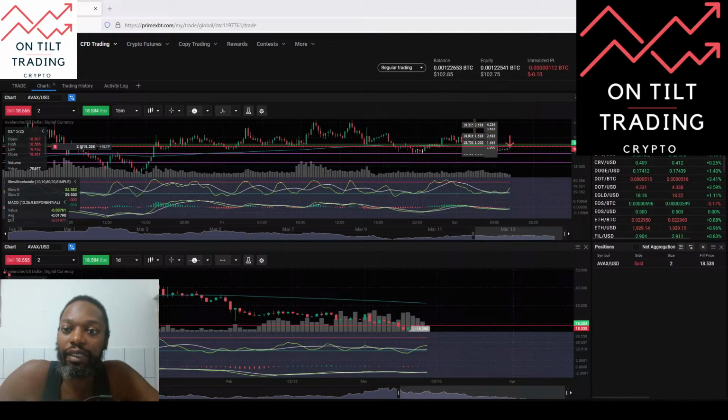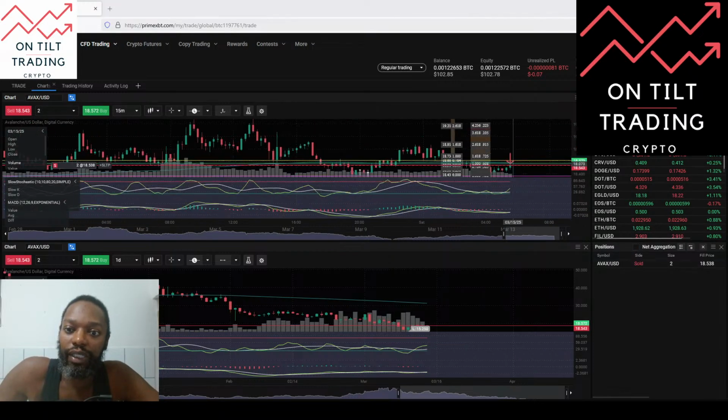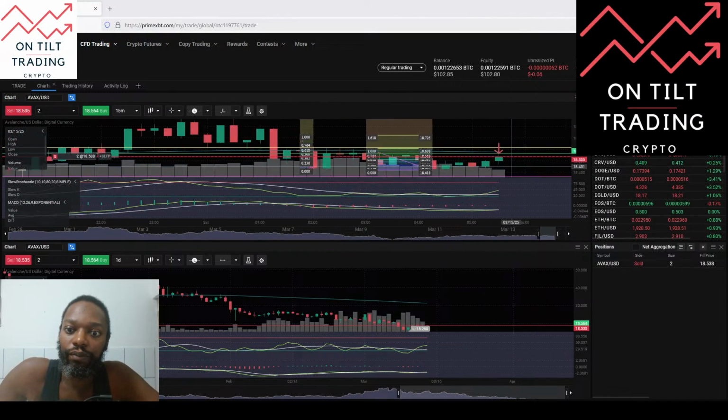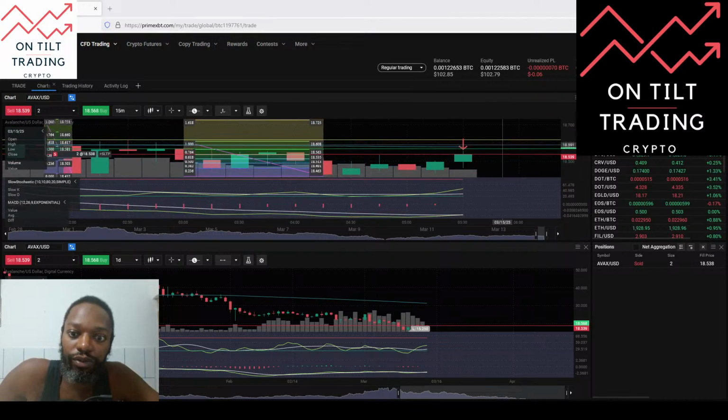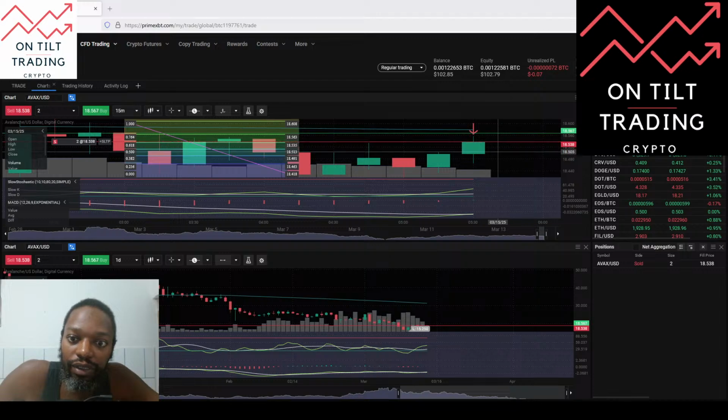I can be completely wrong on this. This can go many other ways, but this is an attempt to gauge what type of indicator the 200 EMA is, as far as being able to, did we come back and retest? Yeah, we almost came back and retested here.